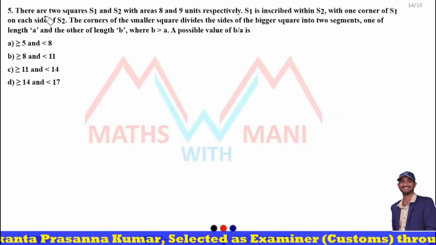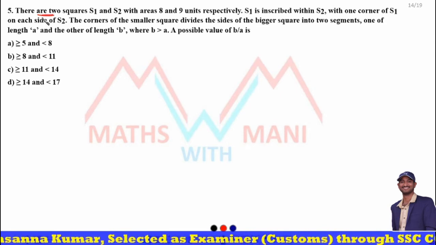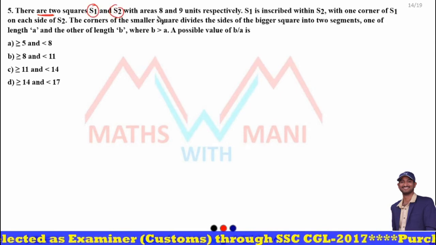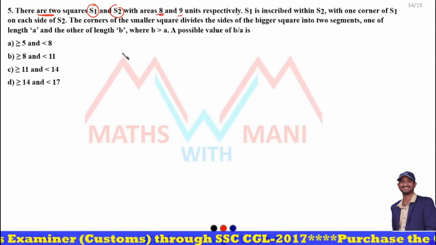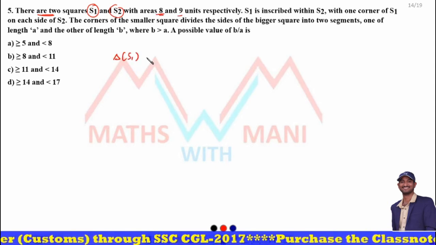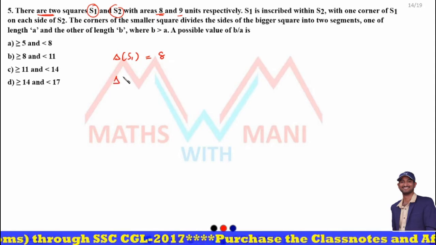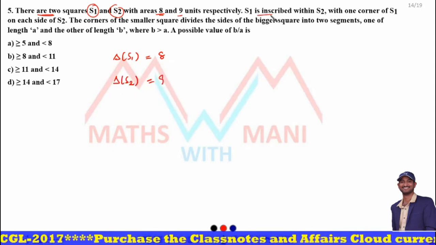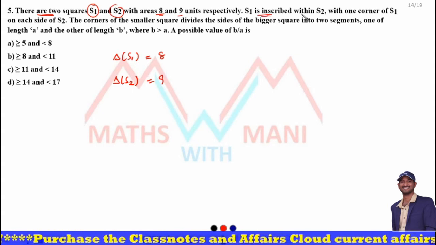Next question, that is the fifth one. There are two squares, S1 and S2, with areas 8 and 9. That means the area of S1 is 8 and the area of S2 is 9. S1 is inscribed in S2.